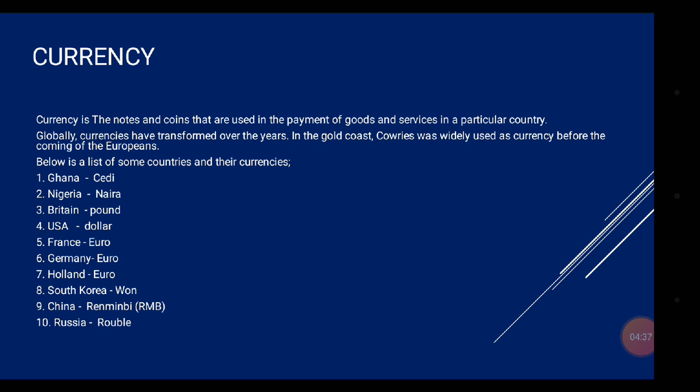As part of your studies, you can read widely by getting more literature on managing your finances, and then you can find some more countries and their currencies. Or better still, you can check from the internet and find countries and their currencies.